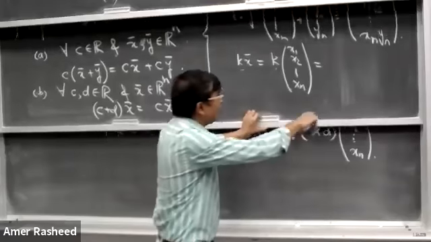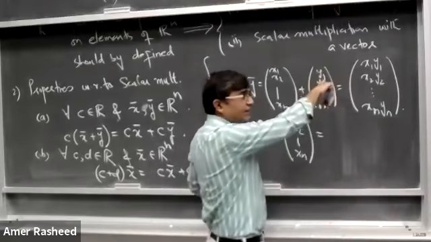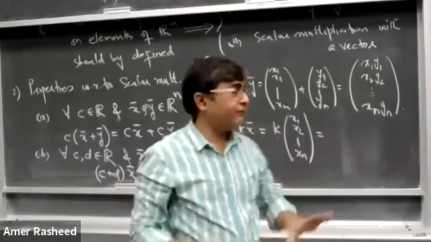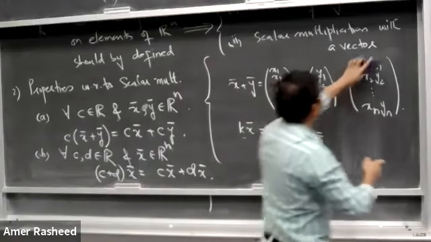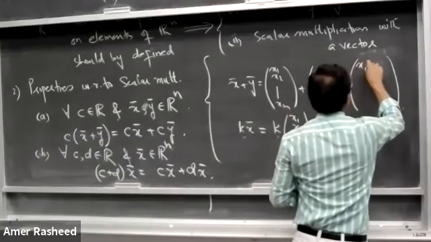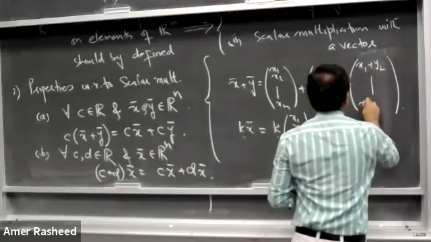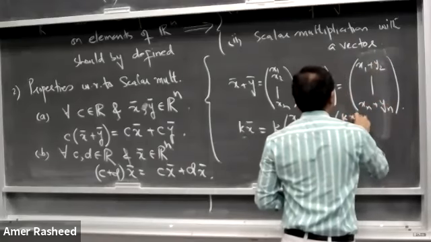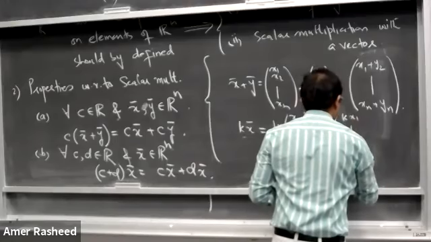Right, sir. So now I hope you get it. We can change these definitions. These are standard definitions of vectors, which we defined earlier: x1 plus y1, and so on up to xn plus yn, and here kx1, and so on up to kxn.